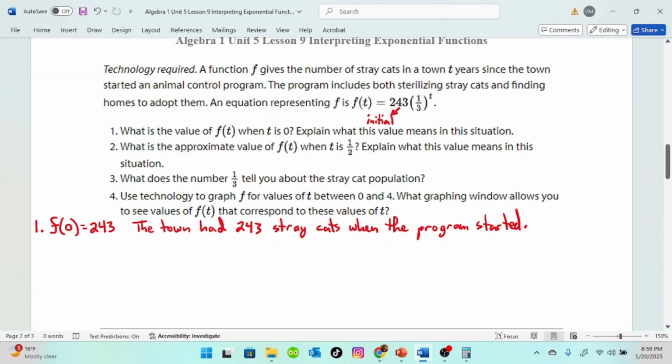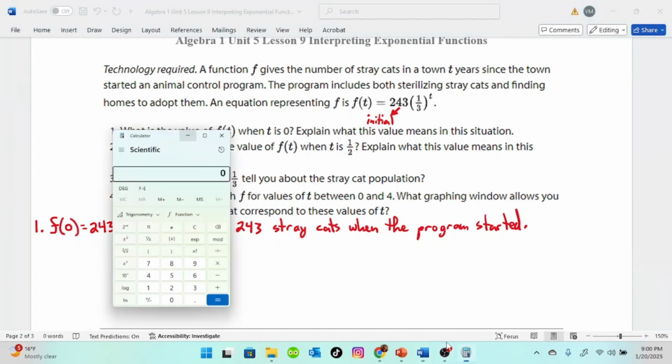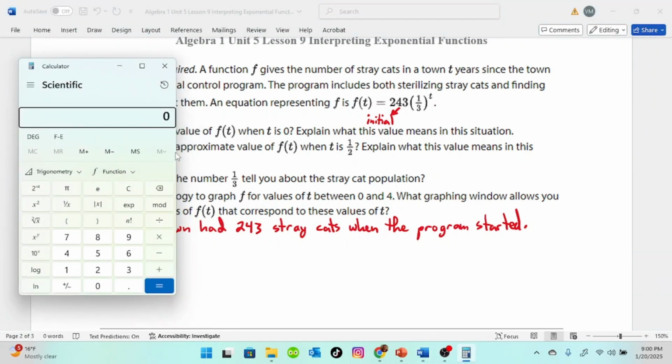Number 2, what is the approximate value of f of t when t is 1/2? Explain what this value means in this situation. So what we need to do is, in a calculator, take 1/3, and then take that to the power of 1/2, which is 0.5.